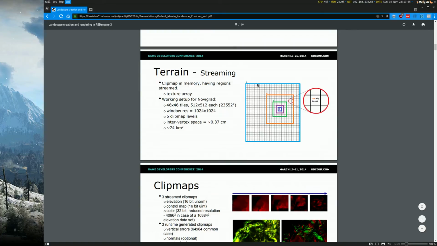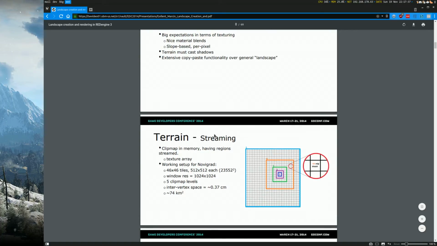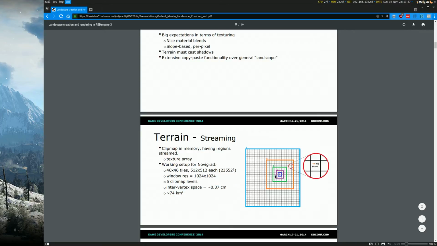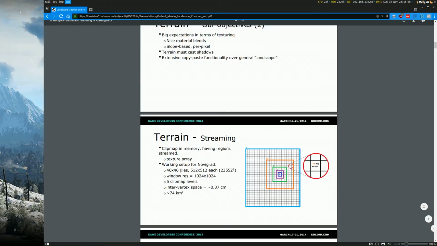Yeah, I don't get what they're talking about here. I'm guessing this inner vertex space here refers to the smallest clipmap level. You have per vertex 37 centimeters, 0.37 centimeters. It's really tiny.